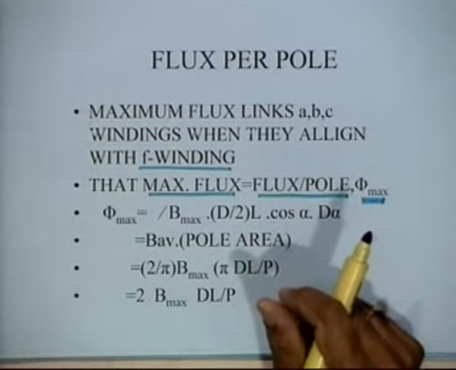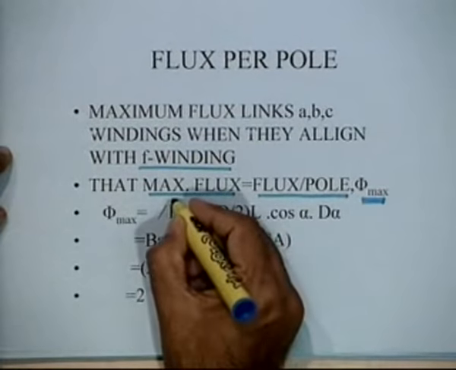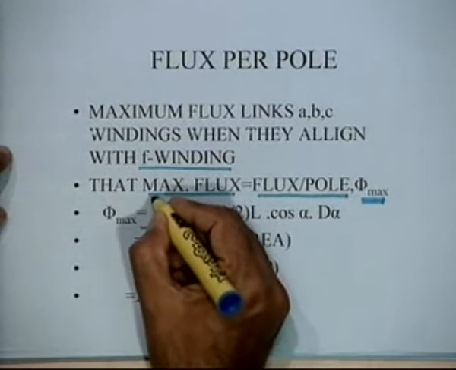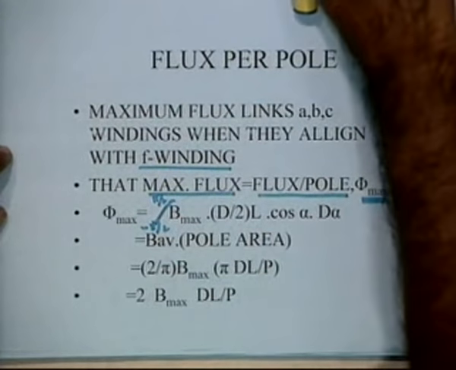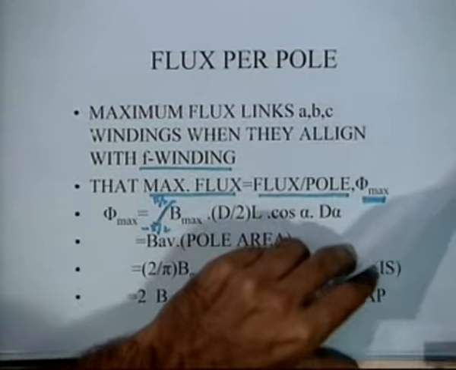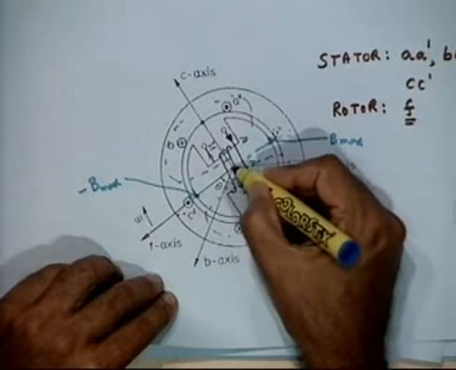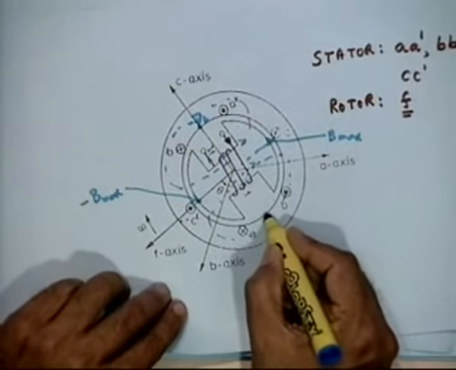And what is that flux per pole? Flux per pole is nothing but you can say integrate from minus pi by 2 to pi by 2. If you go back to that field pole picture, let's see. Okay, now the flux per pole will be, when you are measuring alpha, from minus pi by 2 to pi by 2.